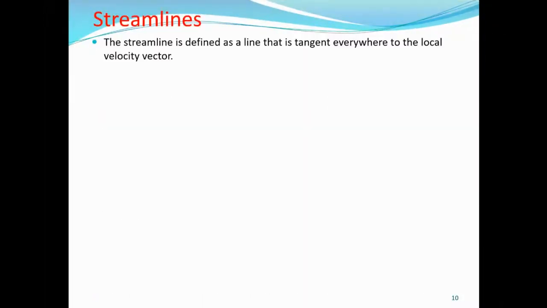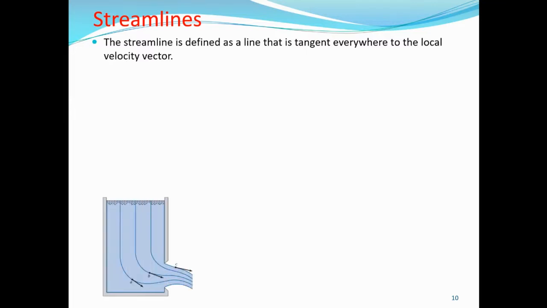I've already started explaining what streamlines are, but this is where we will officially discuss each of the aspects pertaining to streamlines. A streamline is defined as a line that is tangent everywhere to the local velocity vector. This we have demonstrated before, where we plotted the velocity field and then joined the velocity vectors by streamlines.